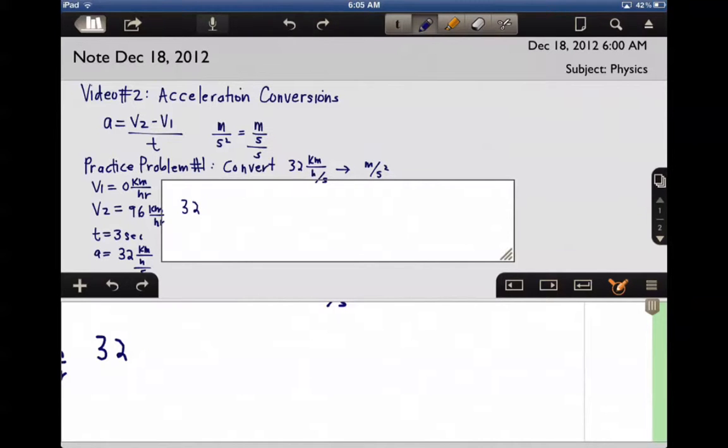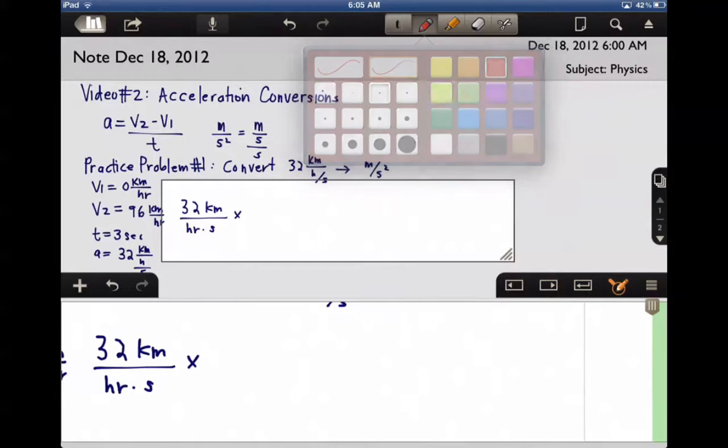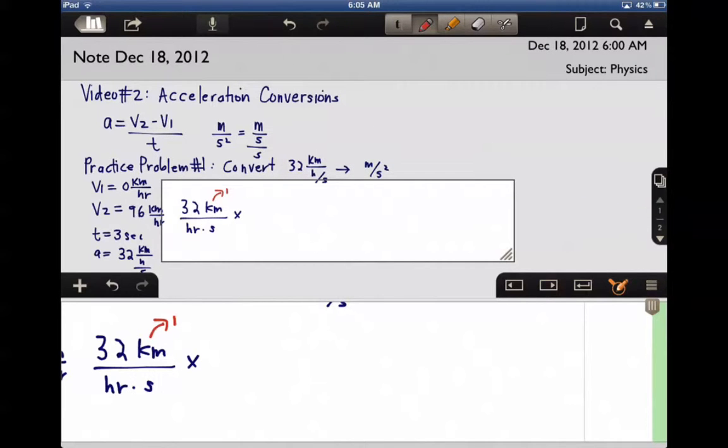Actually, I'm going to write this a little differently. 32 kilometers, I'm going to write it in this form, hours per second. And in this case, what I need to convert is kilometers needs to go to meters. And then you've got these two time units. One is already in seconds, so I can leave it alone. I don't have to do anything to it. The other thing I have to do is I have to convert this to seconds. This second is fine. You can leave it alone. Just leave it until the end.